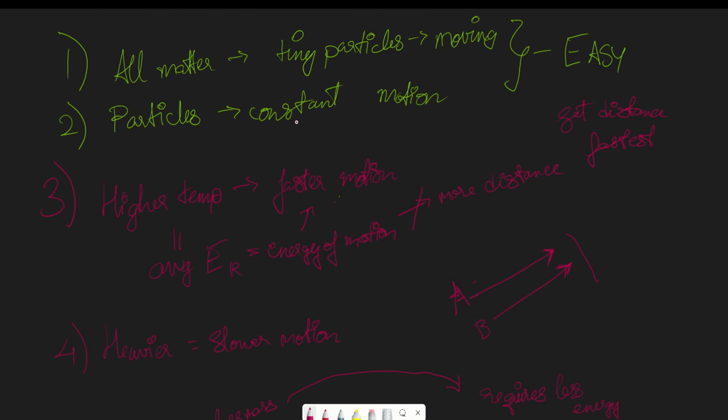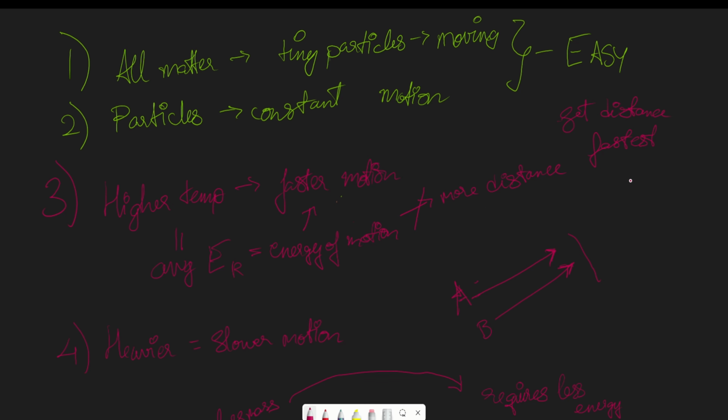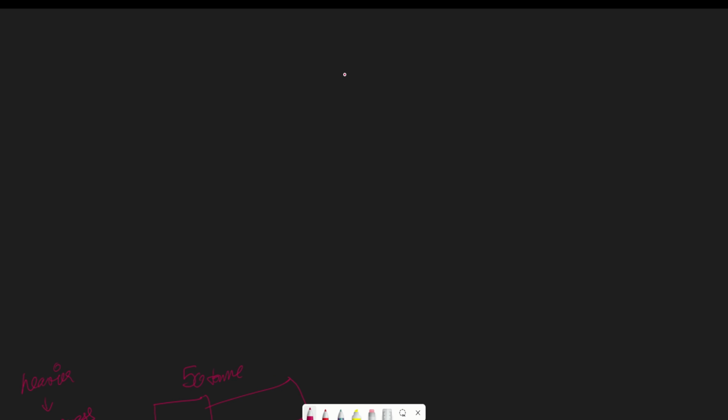Now, obviously, we talked about a set distance, but particles don't have a set distance. So as they move faster, if there were two cars, one traveling at 60 kilometers per hour and the other traveling at 80 kilometers per hour, and they let go of the accelerator and the brake at the same time, on the same road, obviously the one traveling at 80 kilometers per hour will go further, simply because it has more momentum.